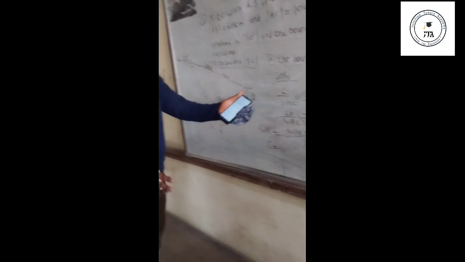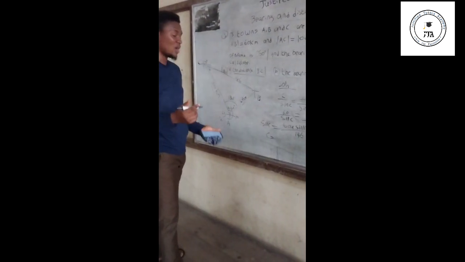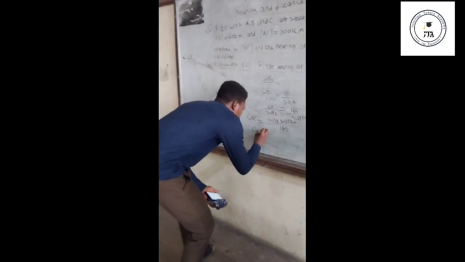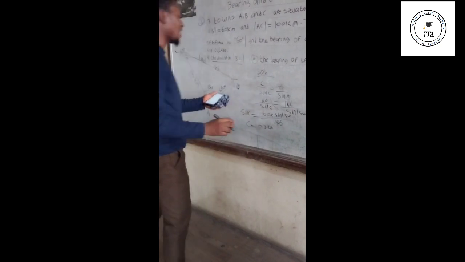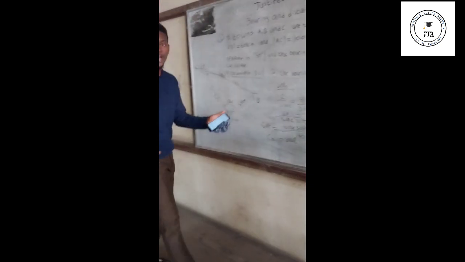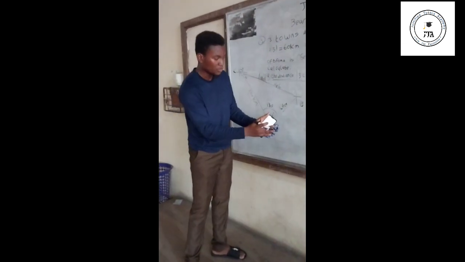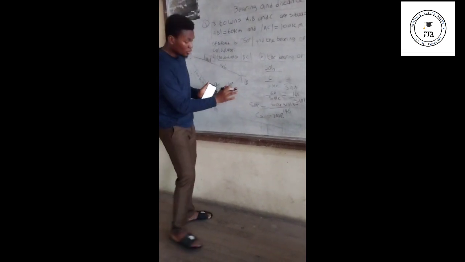After you got your answer for this, the answer is 0.3146. Now, after you got this answer, you take the sine inverse of that answer. Take note, you are not done yet.